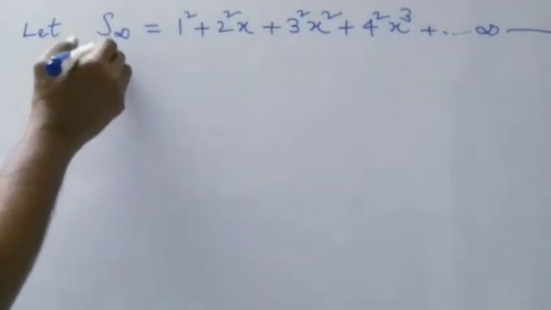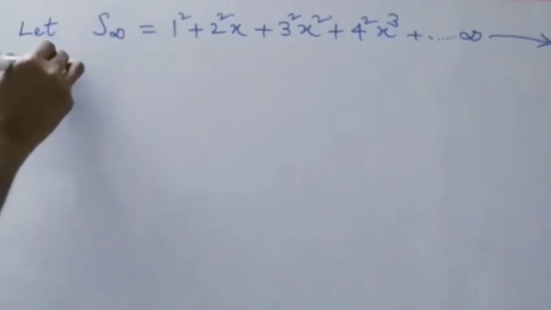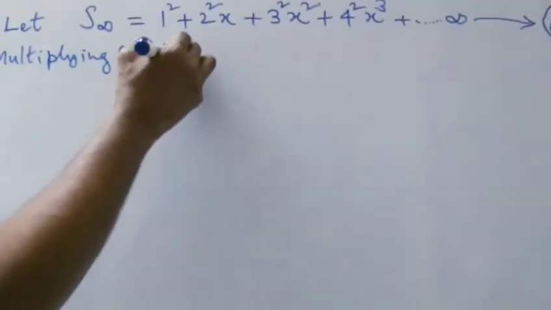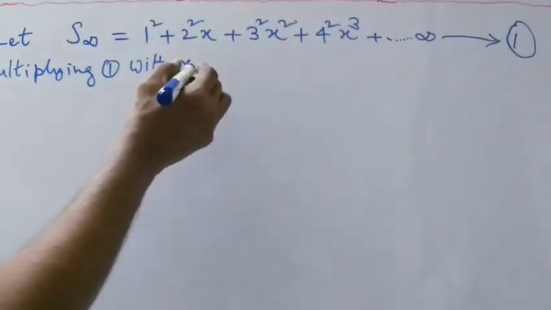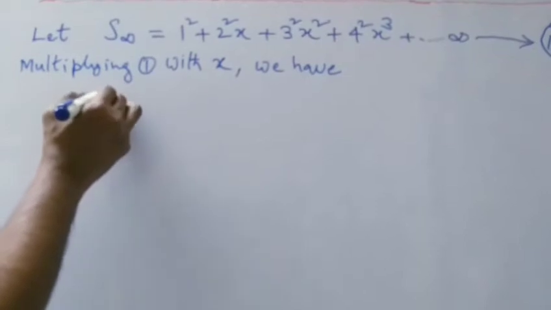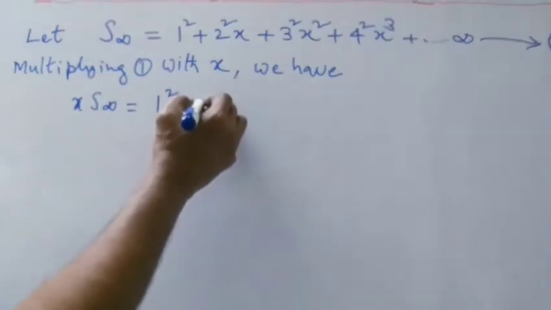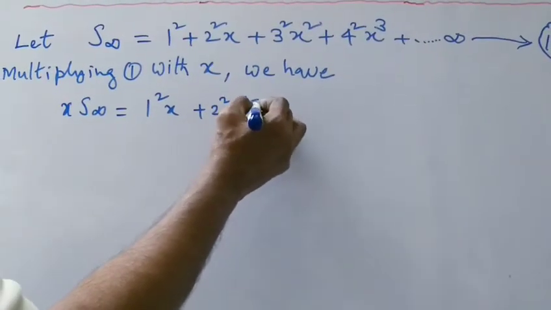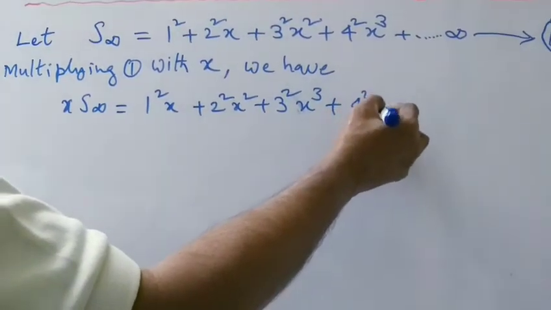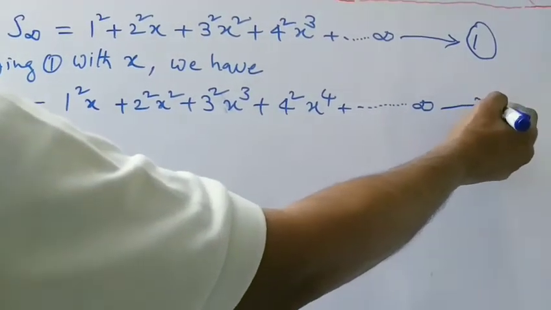Now multiplying with x, multiplying 1 with x, we have x into S infinity is equal to 1 square into x plus 2 square into x square plus 3 square into x cube plus 4 square into x to the power of 4 plus and so on up to infinity terms. It indicates the second one.